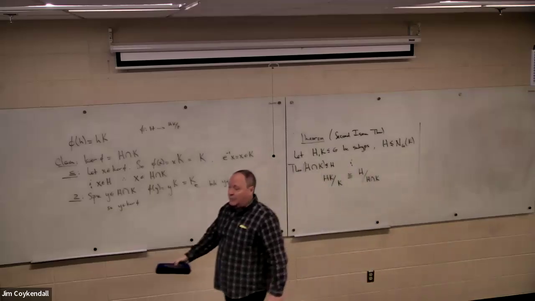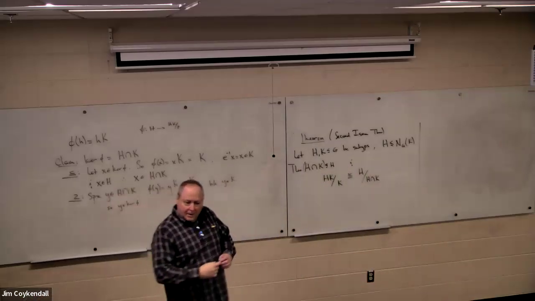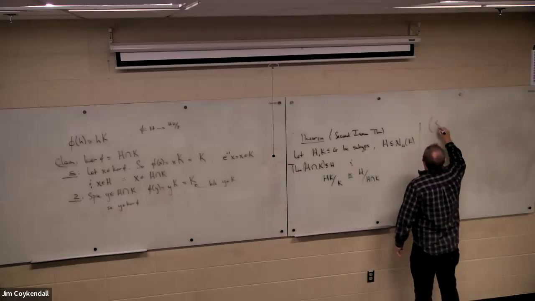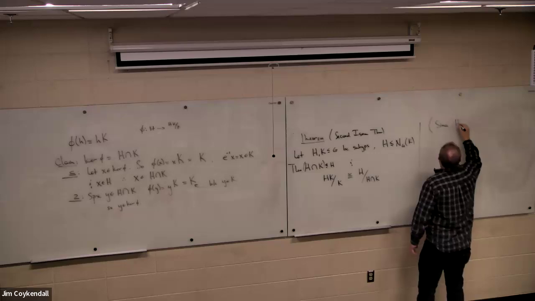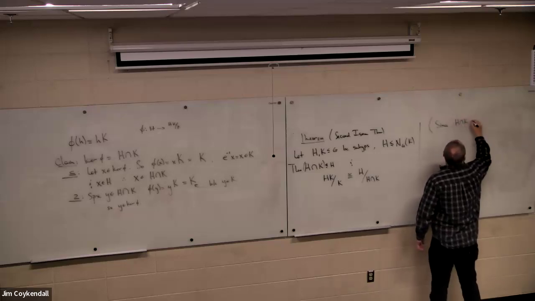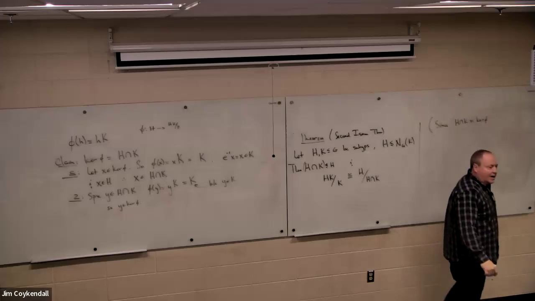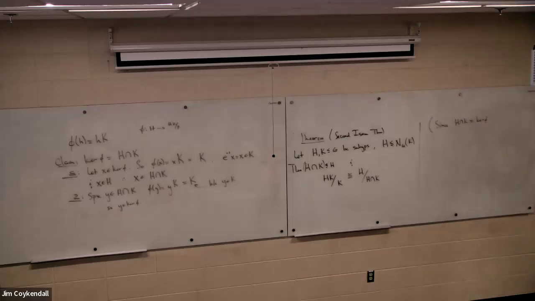Now you all already proved this, but let me also point out as a parenthetical observation, H intersect K is the kernel of phi. That's what we just proved, right?